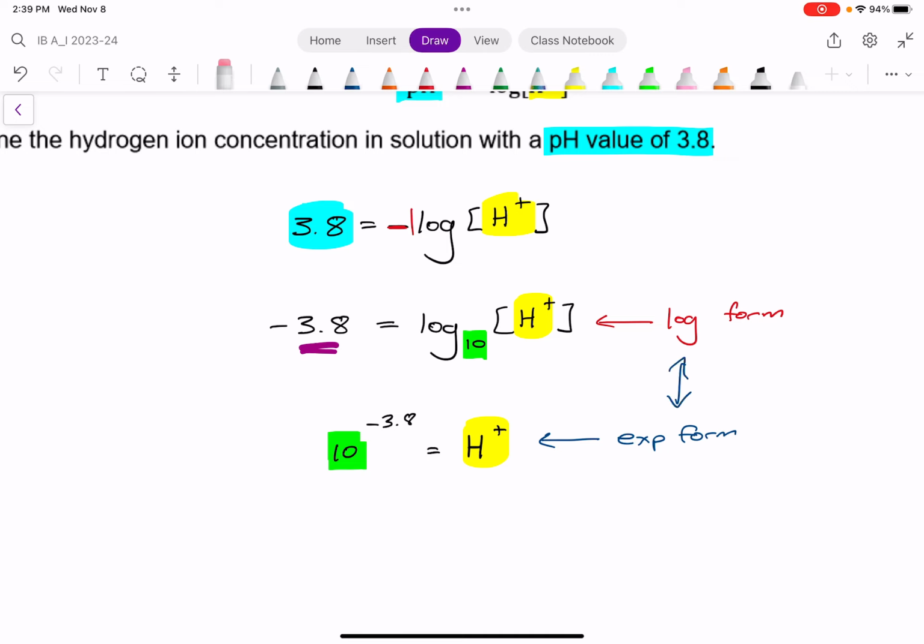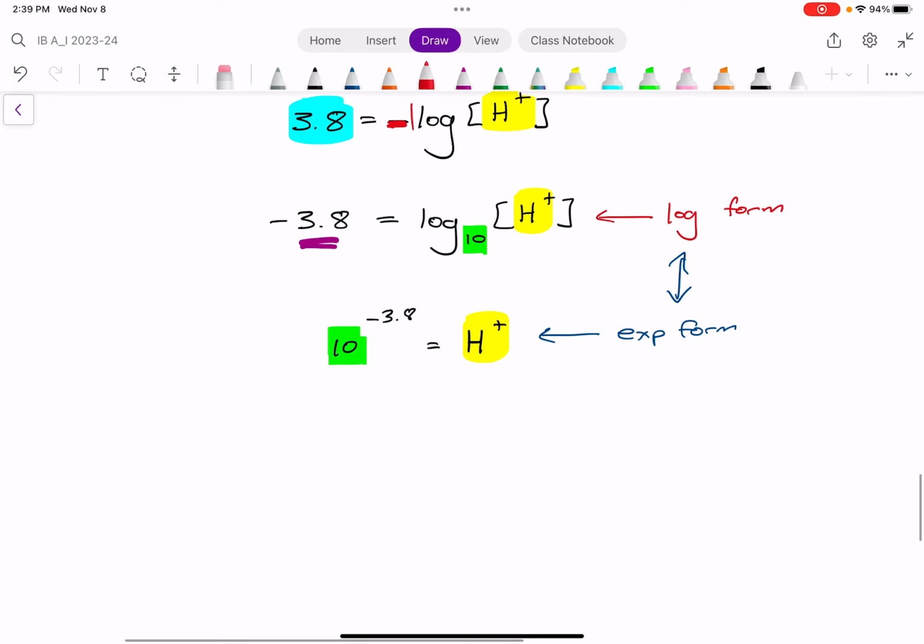And with a bit of practice, we can do it quite quickly, as long as we have at some point a logarithm that's been isolated. Notice what I had at first was a logarithm that wasn't quite isolated. There was that -1 coefficient in the front. And at this point, my answer is 10 to the negative 3.8, which if you decimalize that, we get H+ to be approximately, my calculator tells me, 1.58 times 10 to the negative 4.